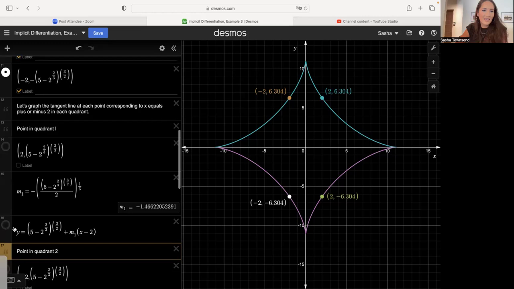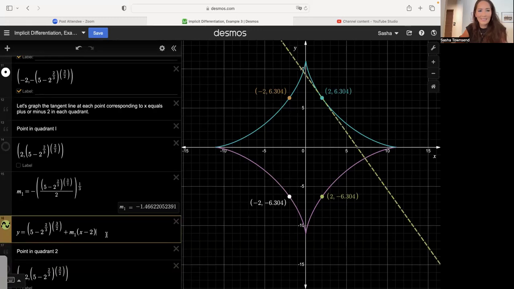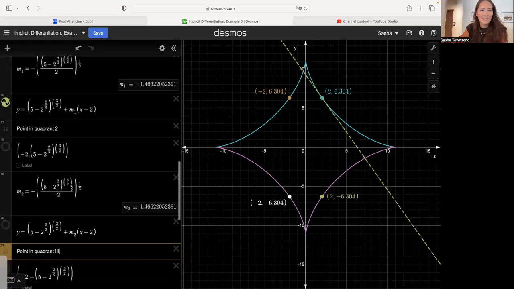And then I graph the tangent line, y is equal to the y value plus the slope times x minus the x value. And similarly, for our slope, we have y over x, and then we substitute in the appropriate value for y and the appropriate value for x. We get that.